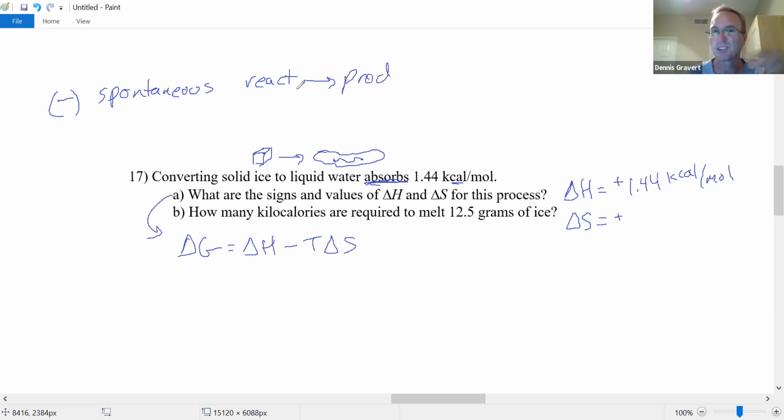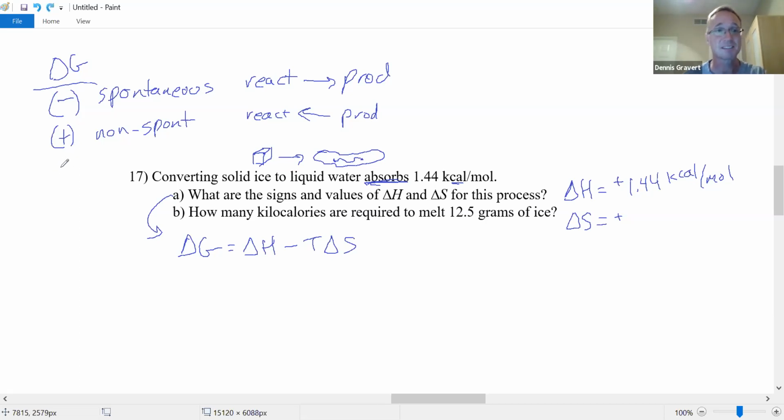If you give it a little push, it'll keep going all by itself. If delta G is positive, that means it's not spontaneous. It means reactants do not go to products. Instead, products will change back into reactants. The reverse reaction is true if delta G is positive.